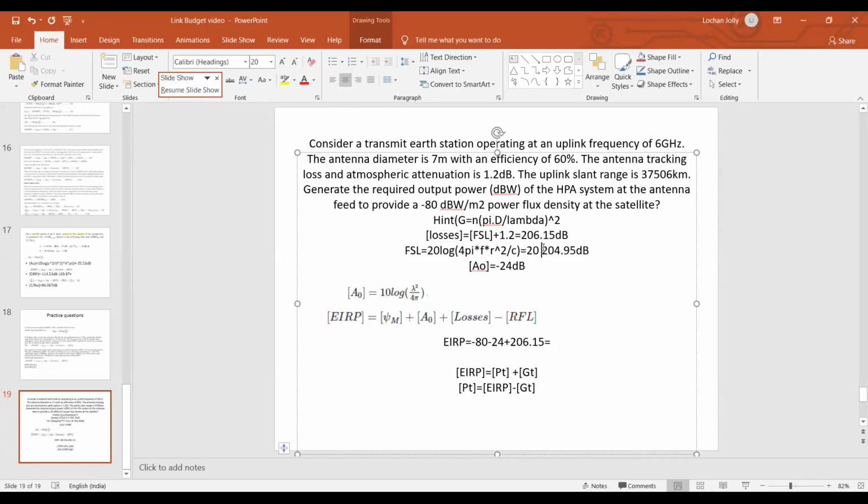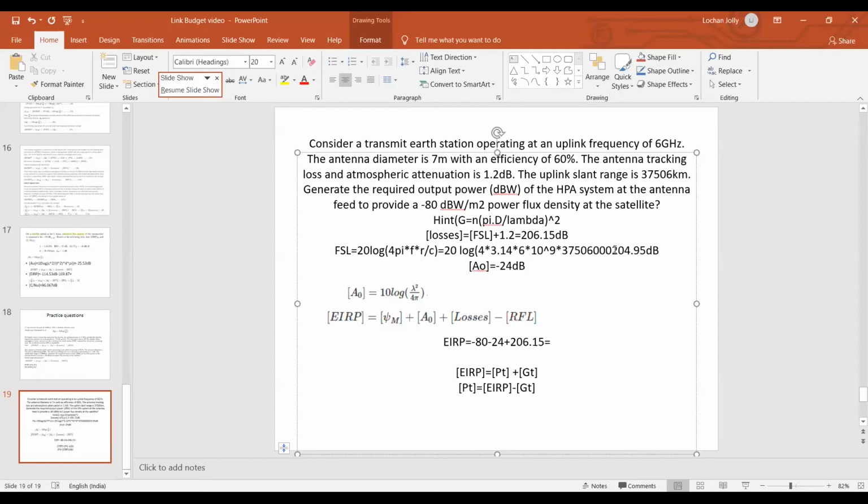20 log of, I'll also calculate with you, 4 into 3.14 into 6 into 10 to power of 9 into R. R is 37506, right, किलोमीटर्स है ना. आई एम सॉरी, R स्क्वायर नहीं, आई एम रियली सॉरी, मैंने स्क्वायर बाहर ले लिया है.